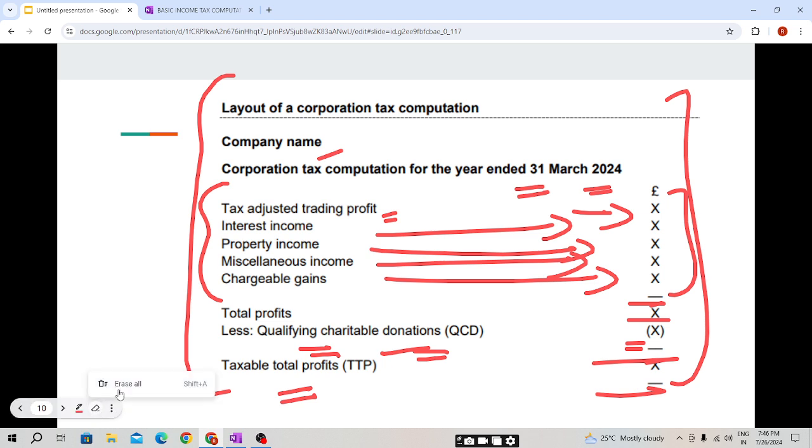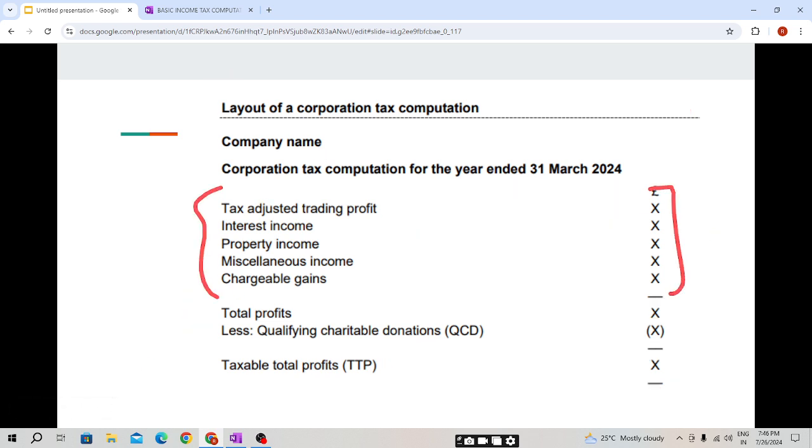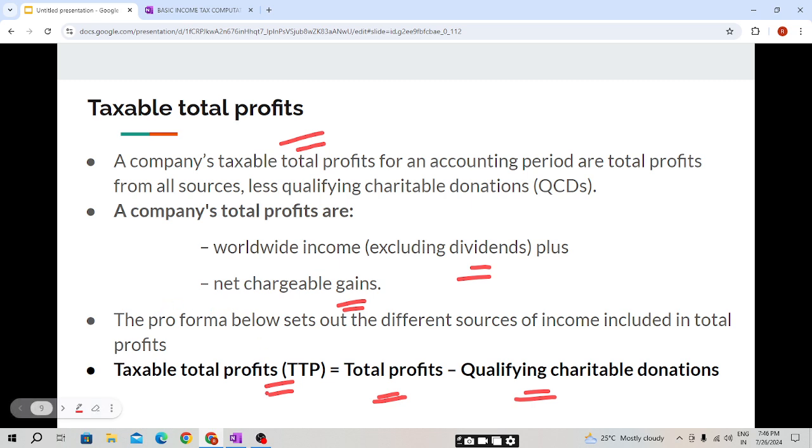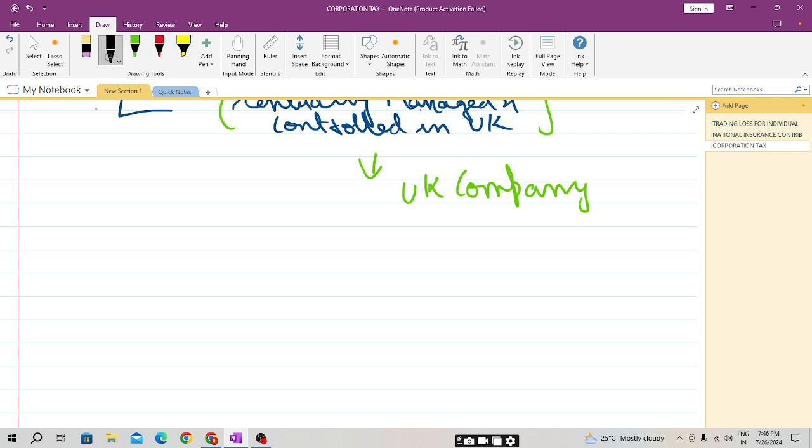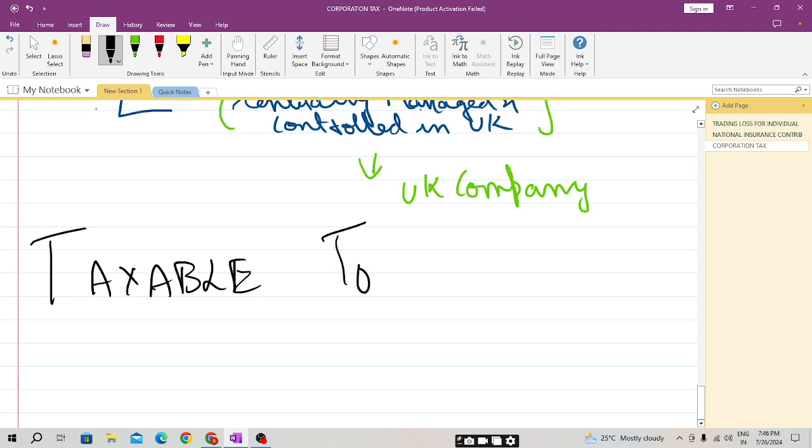So students, a company will have many sources of income: trading income, interest income, property income, miscellaneous income, chargeable gains. This will give rise to the total profits. Then we will reduce the QCD, qualifying charitable donation, so that we arrive at our taxable total profit. I hope this is clear. The taxable total profit, students. So now coming to the taxable total profits.